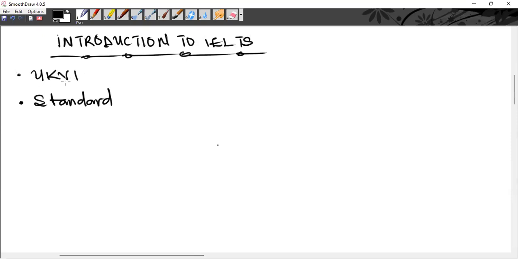UKVI means UK visa. When you register and sit for the UKVI, when you are done, you are given a UK visa code.